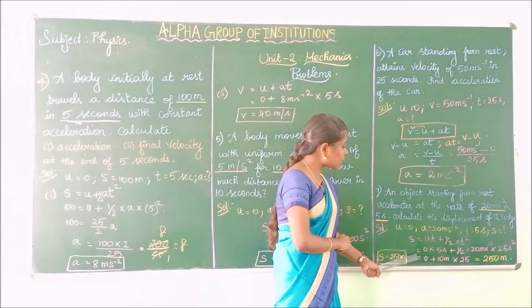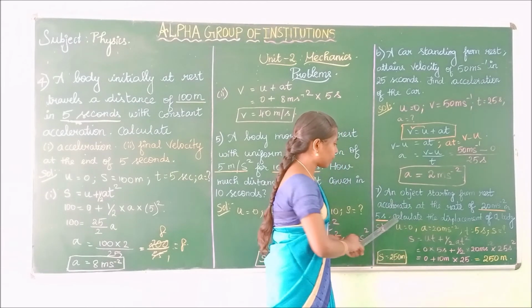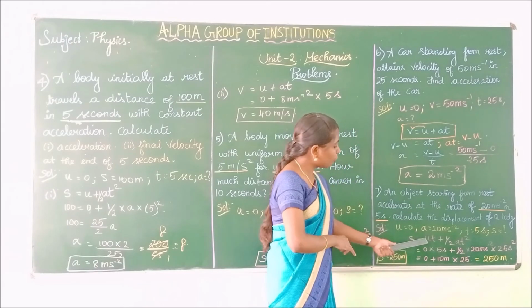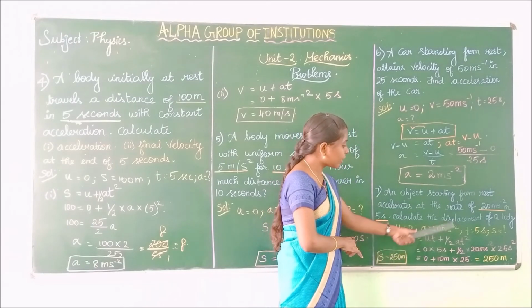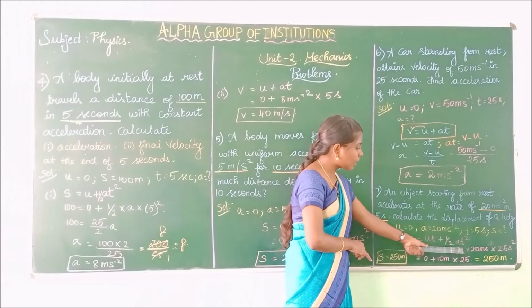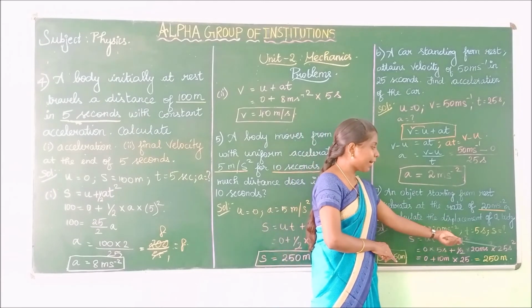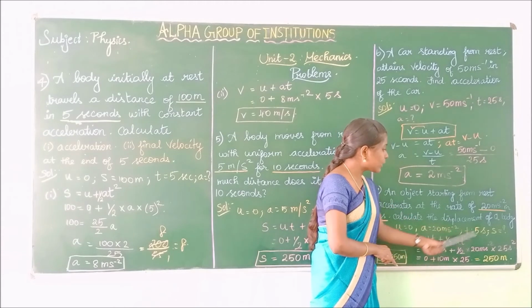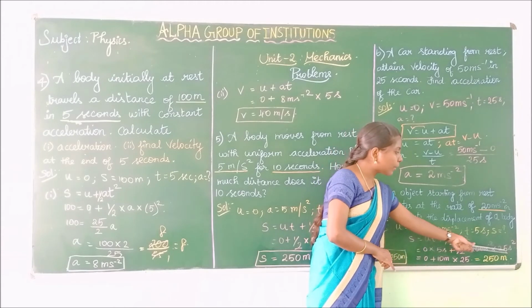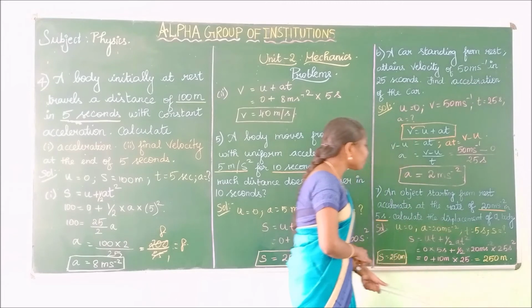So S is equal to u. What is the value for initial velocity? U is equal to 0 and t is 5 seconds plus half acceleration value is 20 meter second power minus 2 into t square. And t square is 25 seconds square.